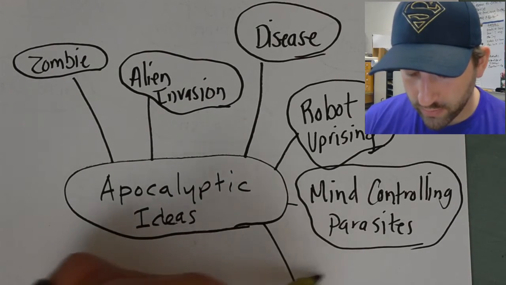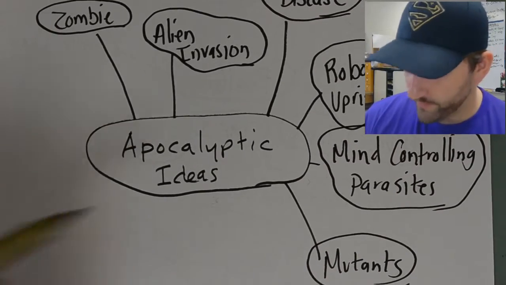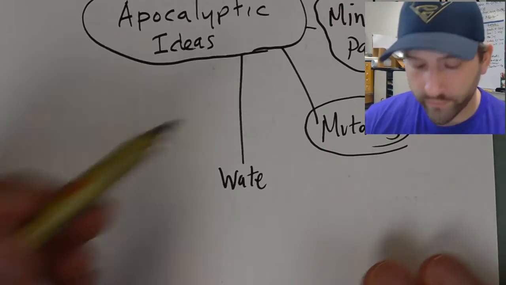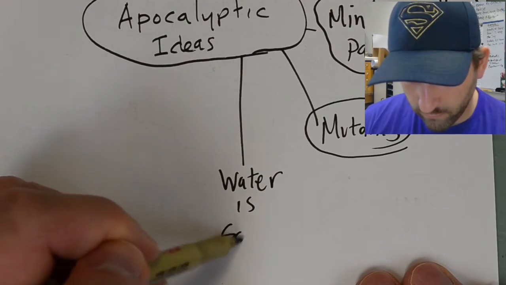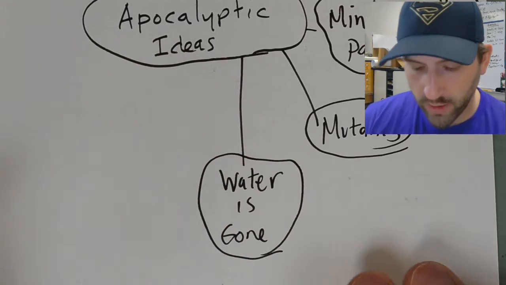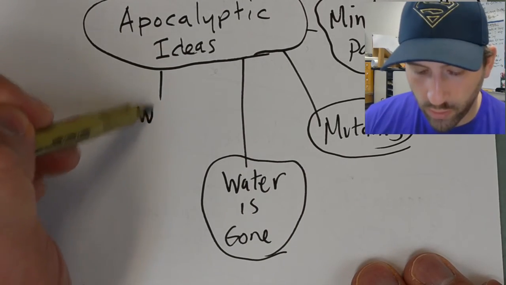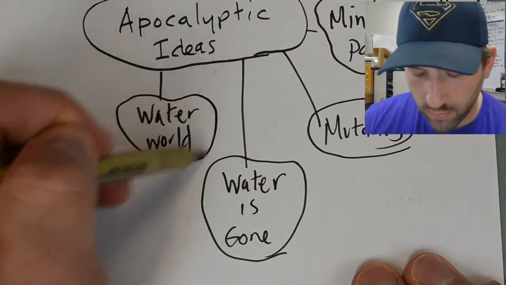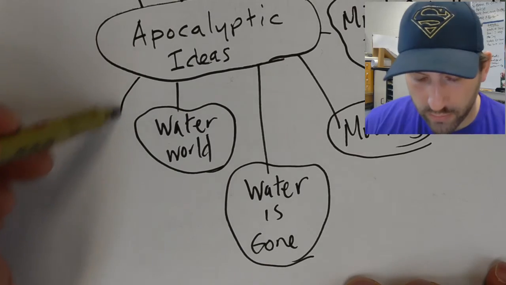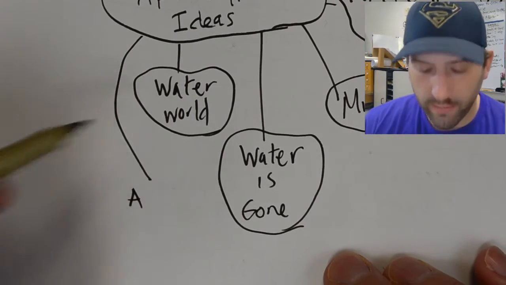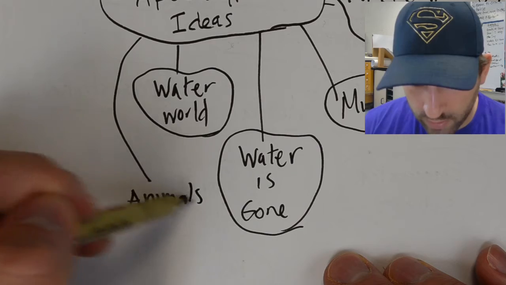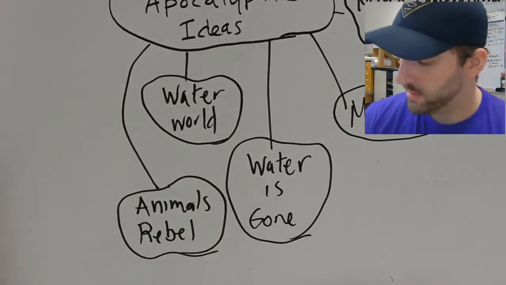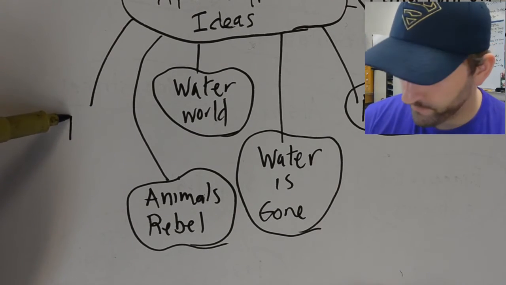Mutants. How about all the water is gone? How about it's a water world? How about the animals rebel? How about there's a meteor?